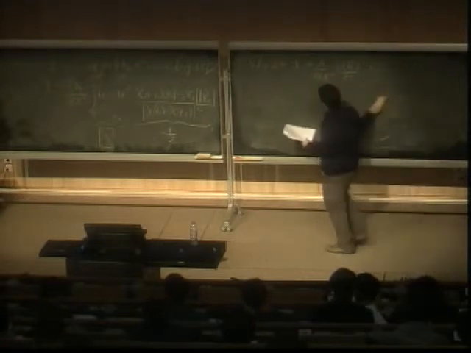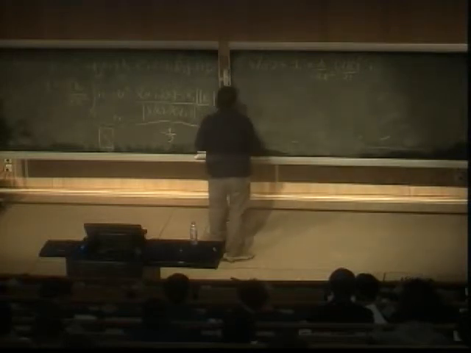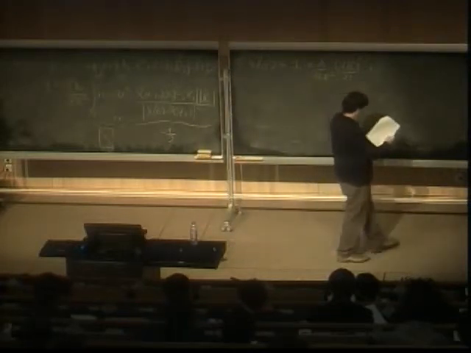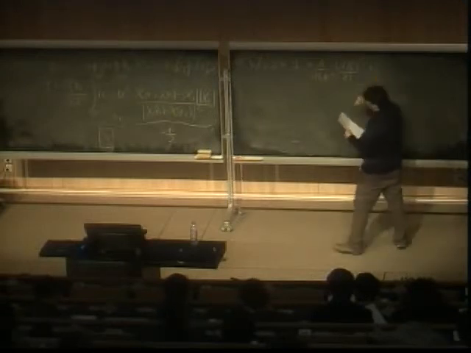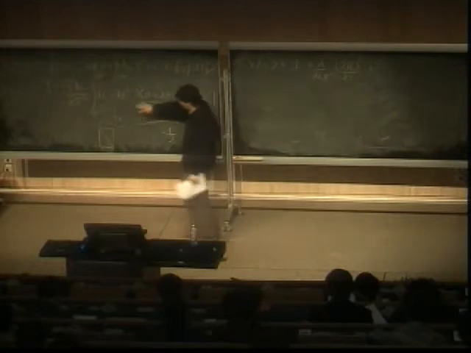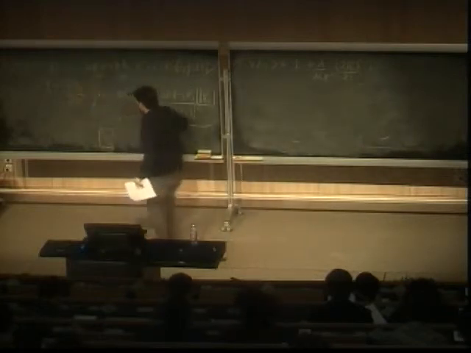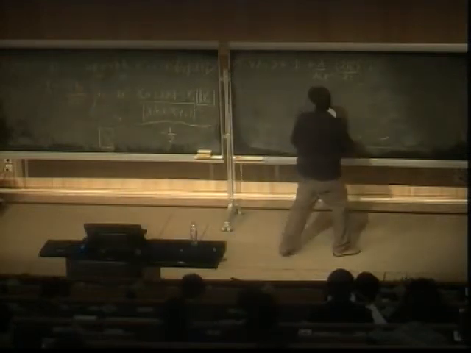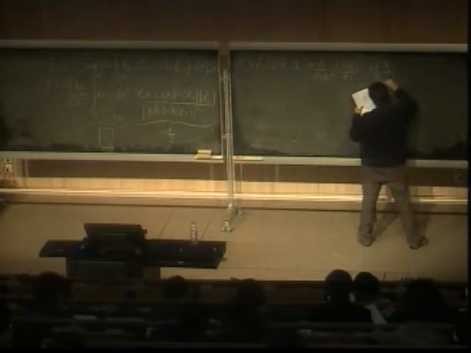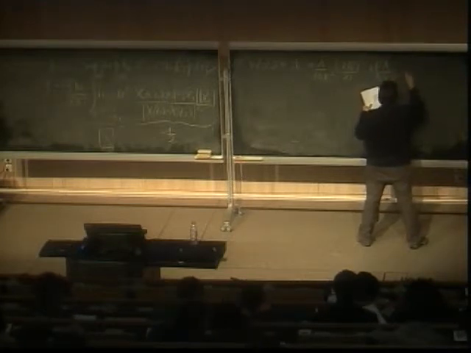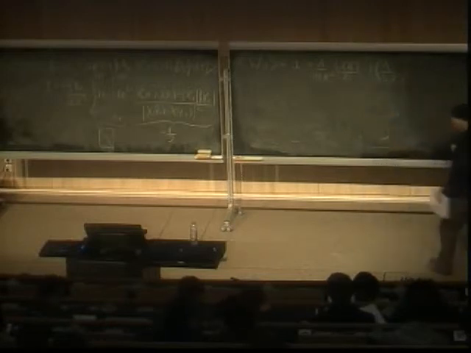So now, at the next order, we get the following. We get now these factors that we would get before. Now we get this, but now we get the square of that. So lambda over 16 pi squared, right?